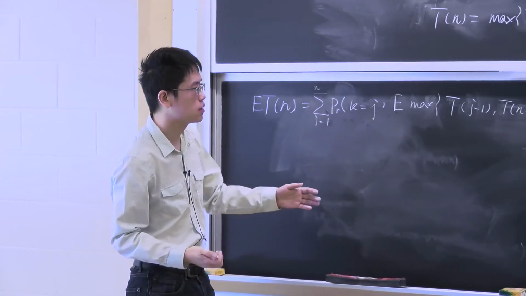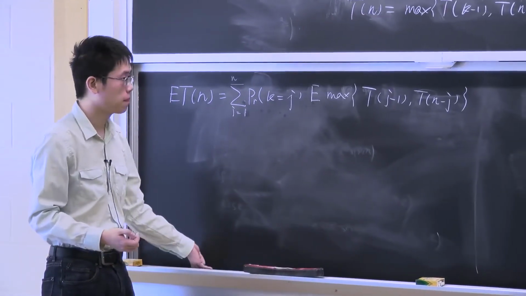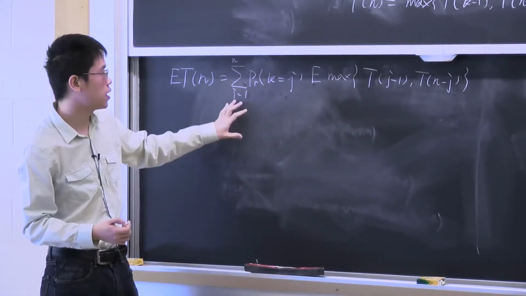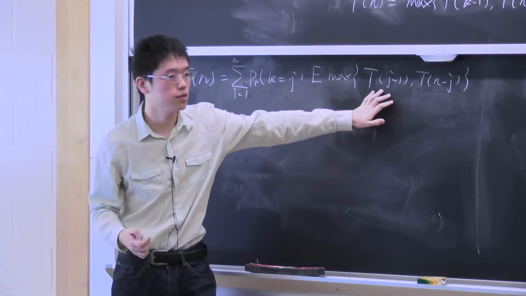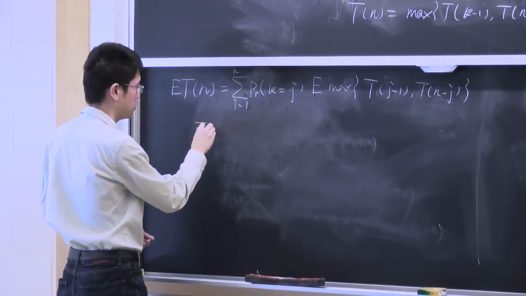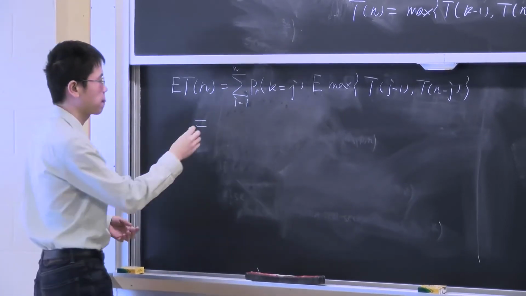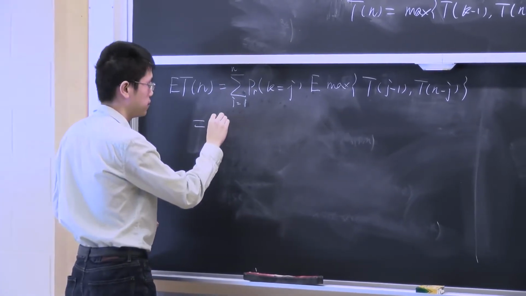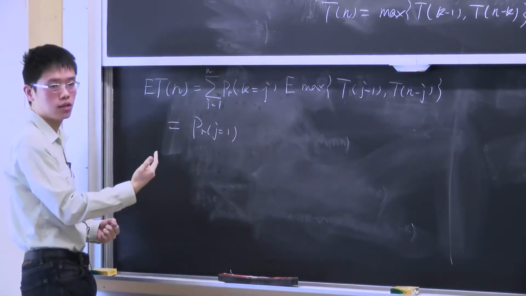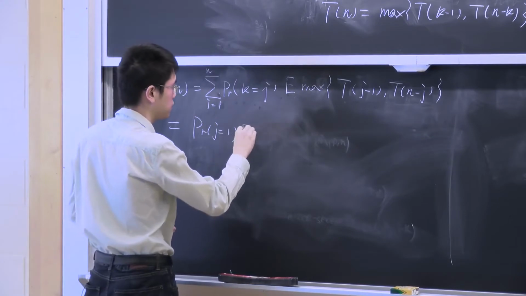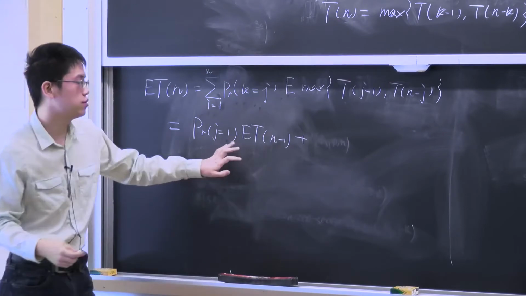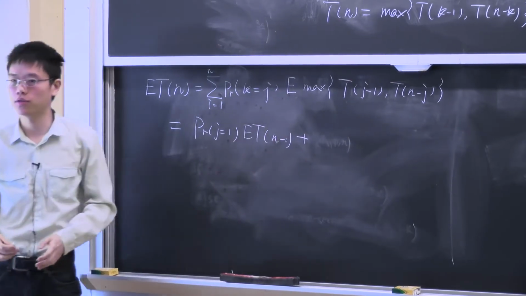Now, obviously, depending on my choice of j, sometimes this one is larger, sometimes that one is larger. I'll just write it a little verbosely. So if my j is 1, then I should take the right one, plus, if j is 2, then I should take n minus 2, and so on and so forth, right?